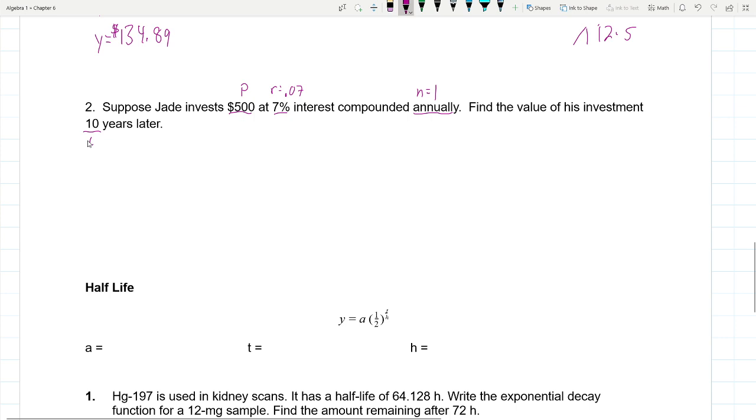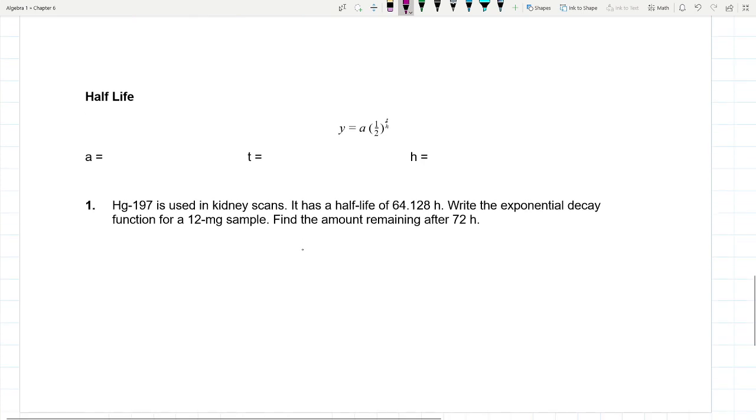And 10 is my time. And so I get y equals 500 times (1 plus 0.07 over 1) raised to the 1 times 10. And with that, I'll get $983.58. All right, not too bad.